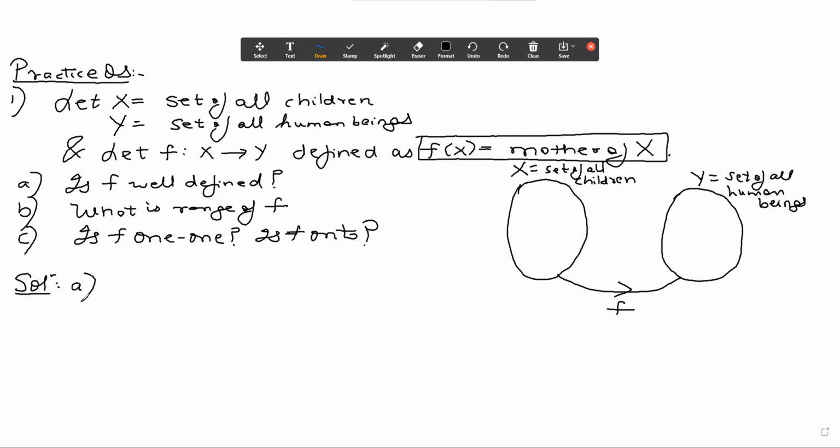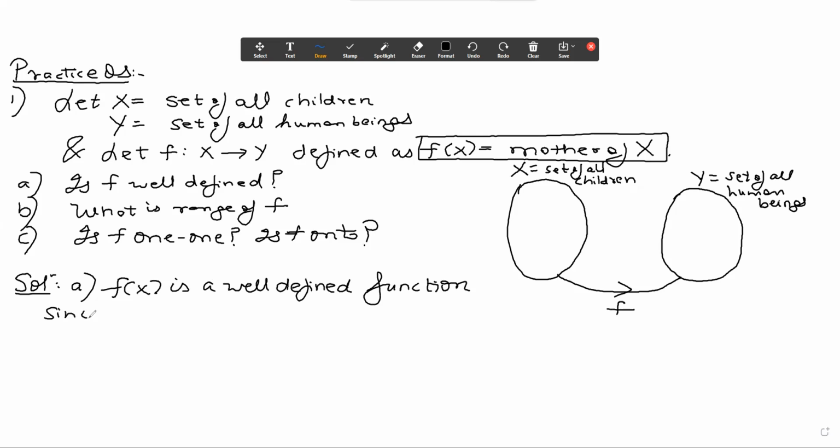When is a function said to be well-defined? Every element of x should be related to exactly one element in the codomain. Now every child will have a mother. Every child has a biological mother, and every child will have only one mother. Biologically, it is not possible for one child to have two mothers. That means f of x is a well-defined function.